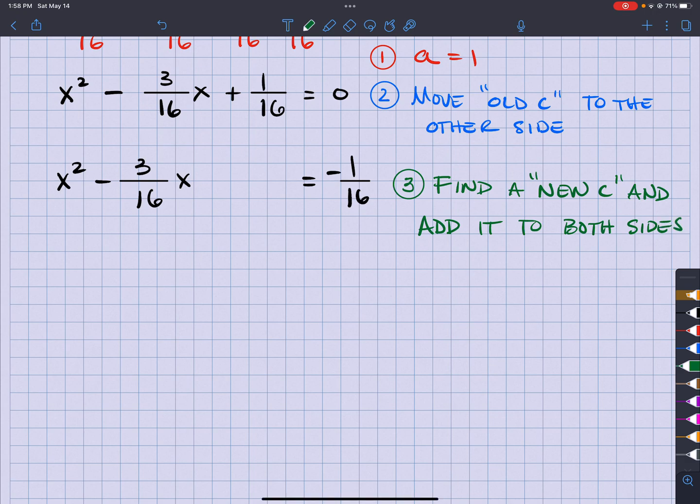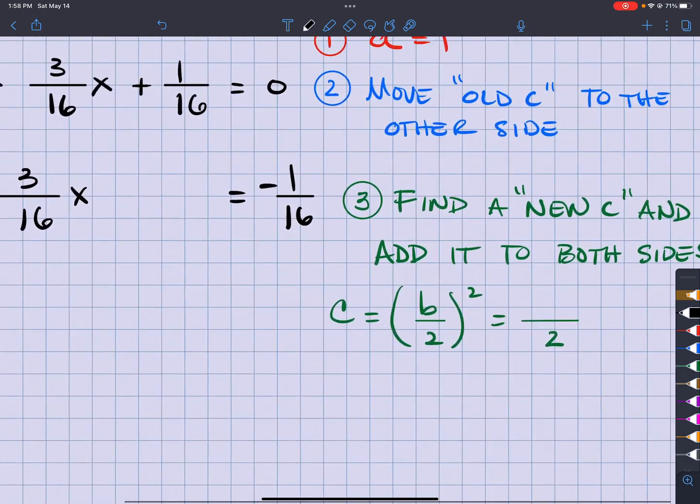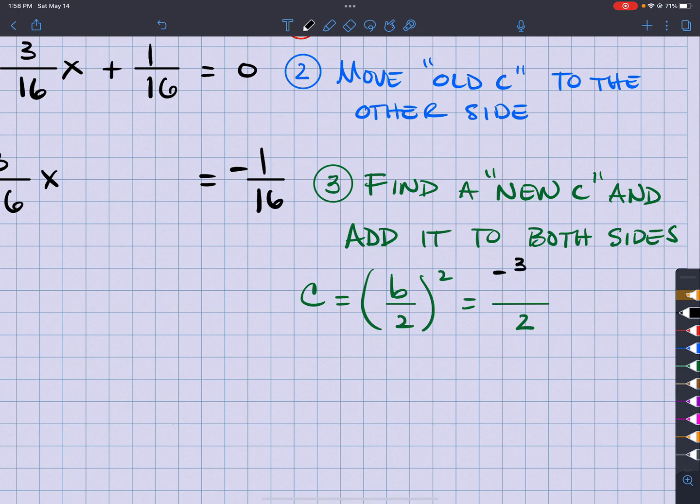The equation for the new c is equal to b divided by 2 squared. My b is this right here, that has always been my b, and that is always going to be my b. So it's still going to be b divided by 2, but my b is negative 3 over 16. Let me rewrite that.